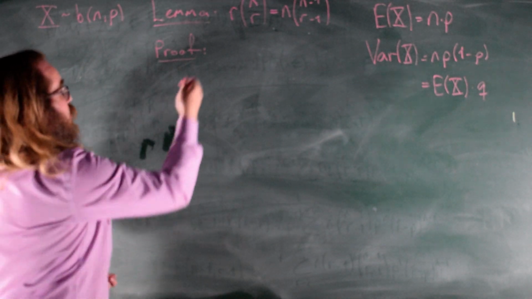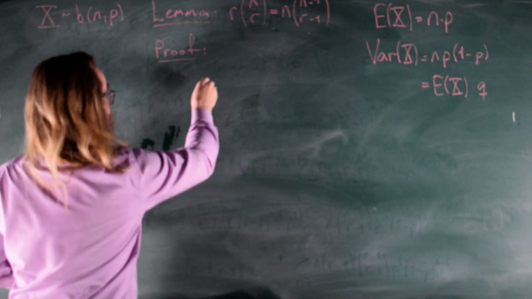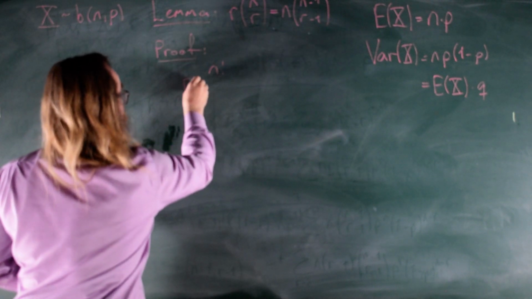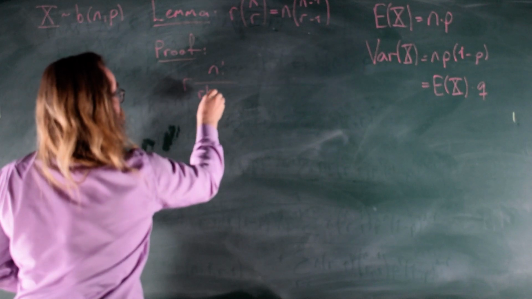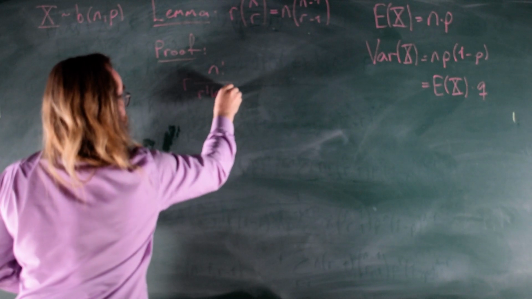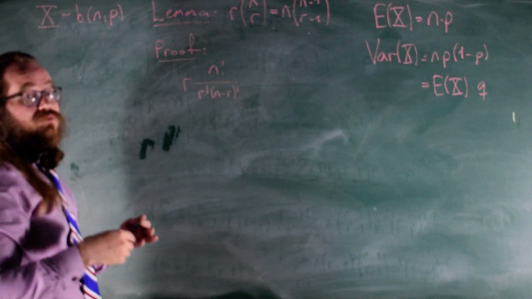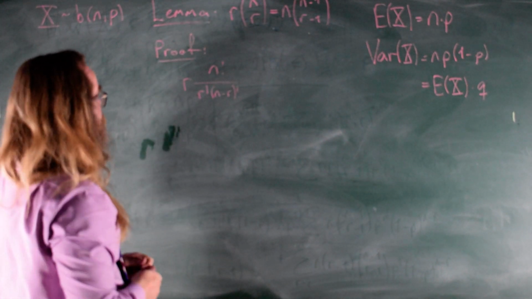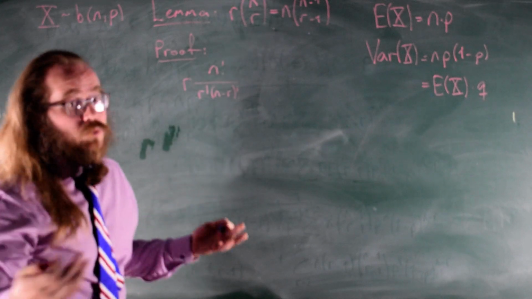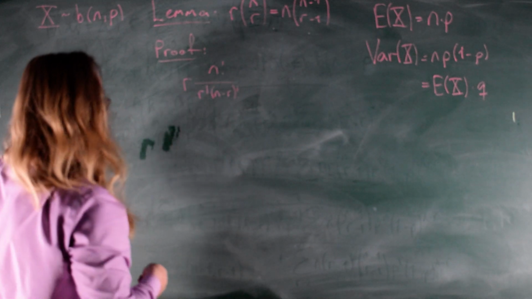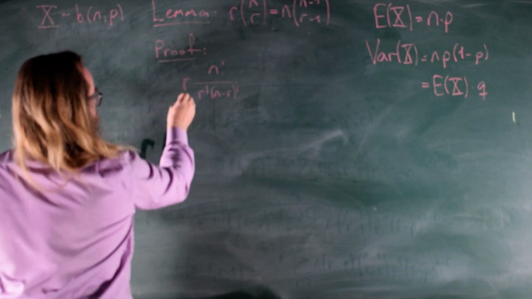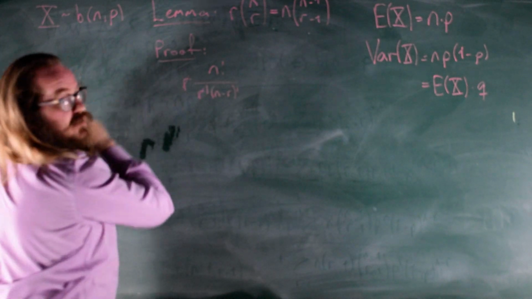Alright, so I'll write the left-hand side as r times n factorial divided by r factorial times n minus r factorial. This is simply the definition of the combinations of r choices and n options, or the binomial coefficient, whatever you want to call it. Alright, what I'll do is I'll take this r and I'll cancel the first factor in this factorial.